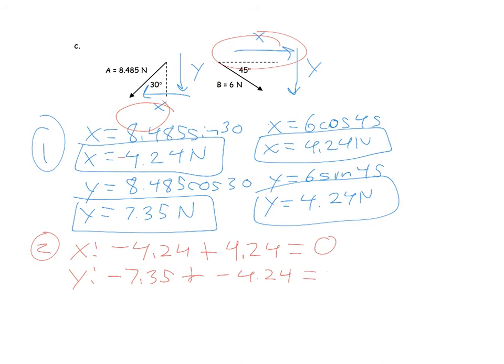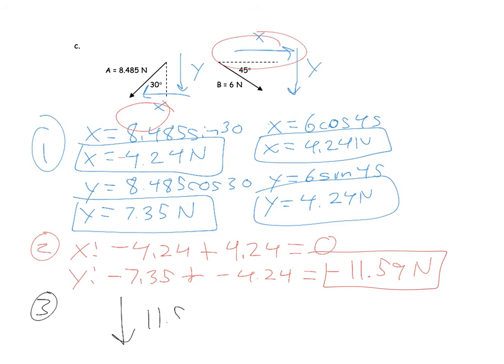So I end up getting negative 11.59 newtons. So when I go to put these vectors together, it's actually quite easy since I don't have an x. I simply have my y component, 11.59 newtons. That is my magnitude, and the direction we can just say is south, no angle needed. So there's my answer, 11.59 newtons south.